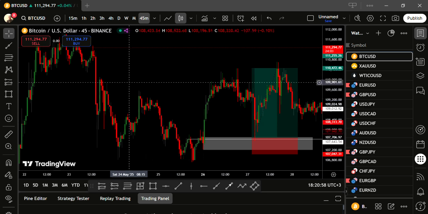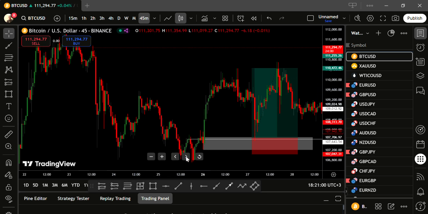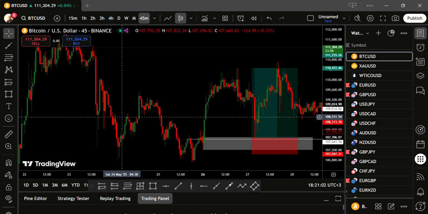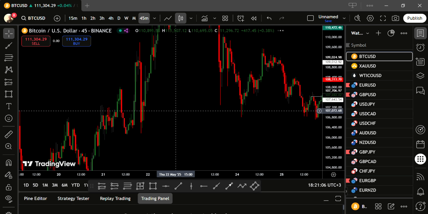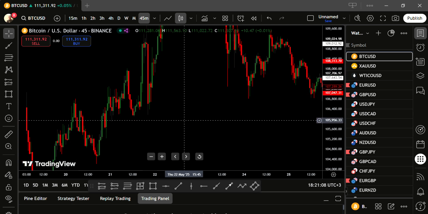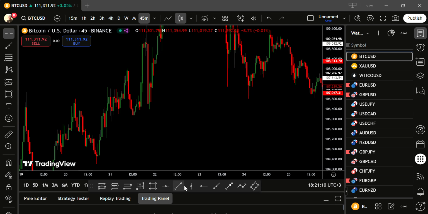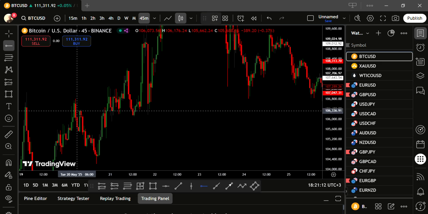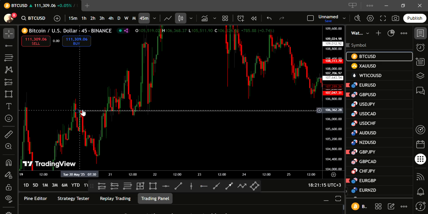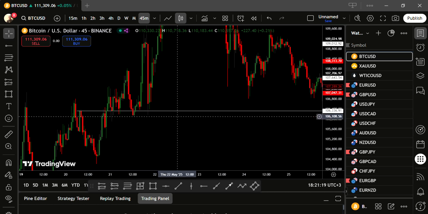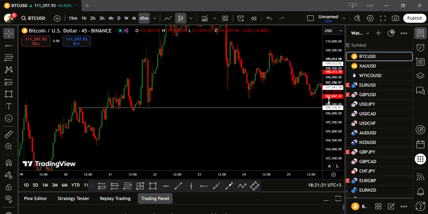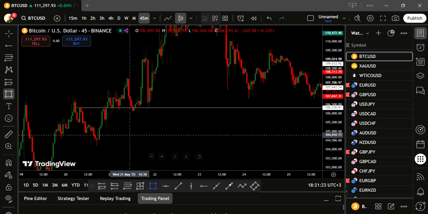It works for both sides, but I've failed to get one for sales. I'm not getting any for sales, but don't say that, oh, now this setup only works for buys. No, it works for both sides. We have another one here, but this one was hidden. I don't think you would get it. Support, broken, leaves a demand zone here, and it was hidden, but it gave a very good reaction.